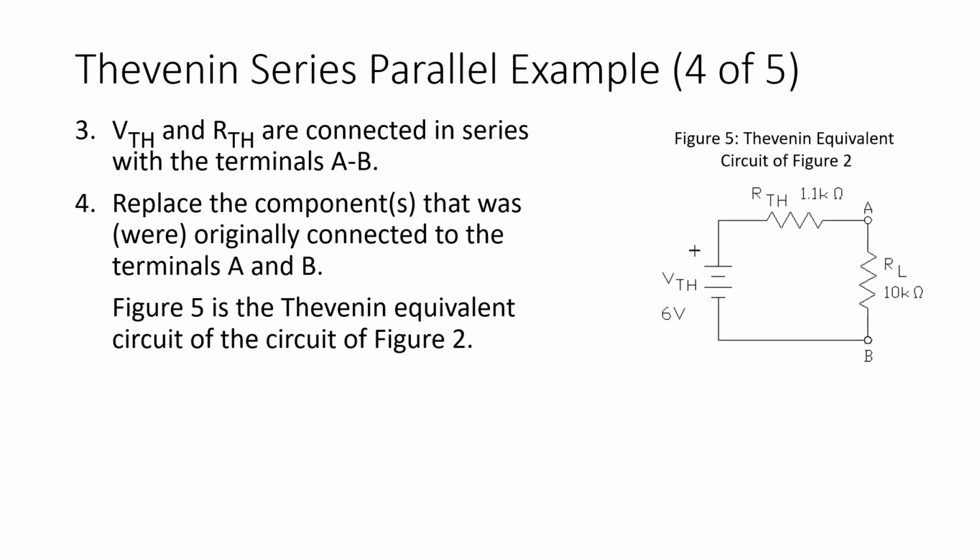Now that we have found VTH and RTH, we connect those two in series with terminals A and B. And then we replace whatever component or components were originally connected between or across terminals A and B. So the circuit of figure 5 shows us the equivalent circuit of the circuit of figure 2 with respect to terminals A and B, or as we said earlier, as seen by the resistor RL.